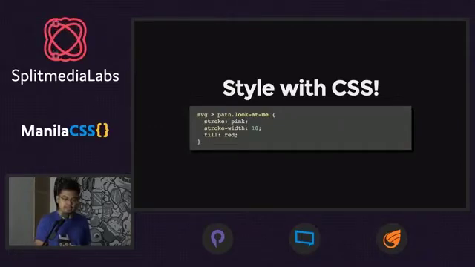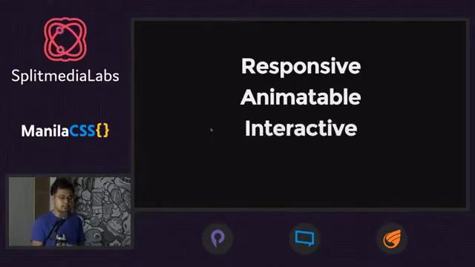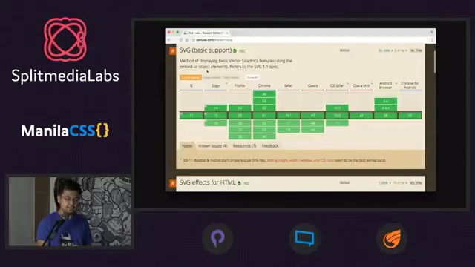And because of that, SVGs are highly compatible with JavaScript and CSS. That means you can style with CSS, you can make it responsive, animatable, interactive, and much more. Can I use it now? According to Can I Use, it's very much supported in the majority of the browsers.